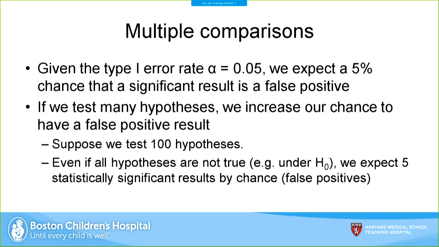So let's say, in extreme case, you're testing 100 hypotheses. So even if, in nature, all these hypotheses are not true, so they're all under the null hypothesis, then we're going to see 5 statistically significant results just by chance. These are going to be your false positives.